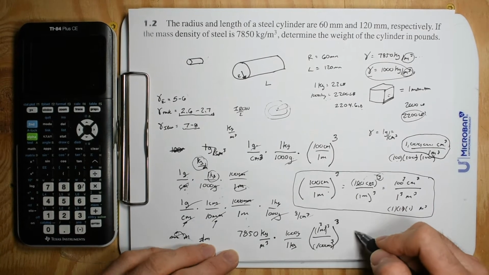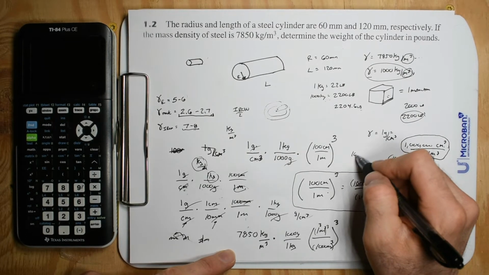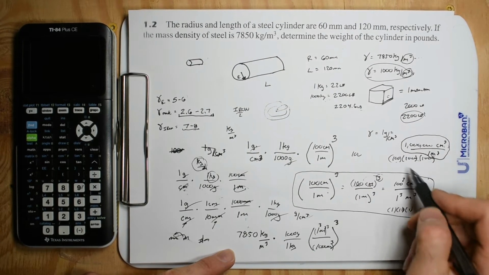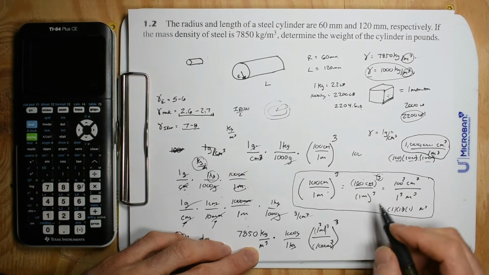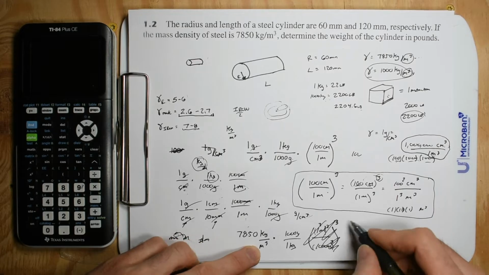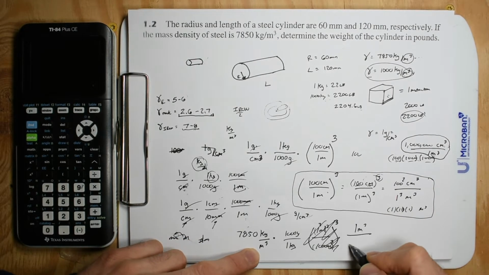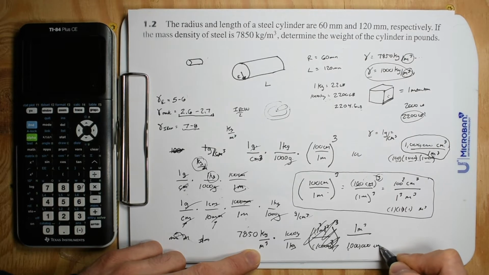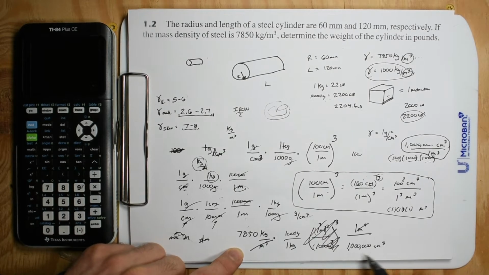So the 1 stays the same, and the 100 cubed goes to 1 million, because you got 6 zeros. So we know that 1 meter cubed is 1 million centimeters cubed. So now you can instantly cross these out.